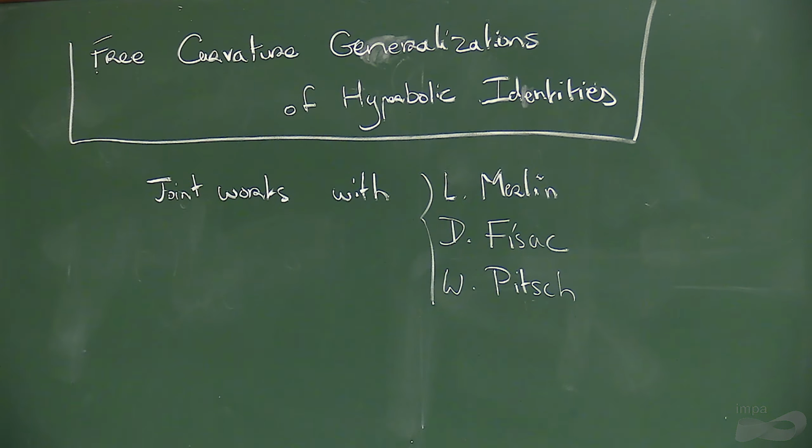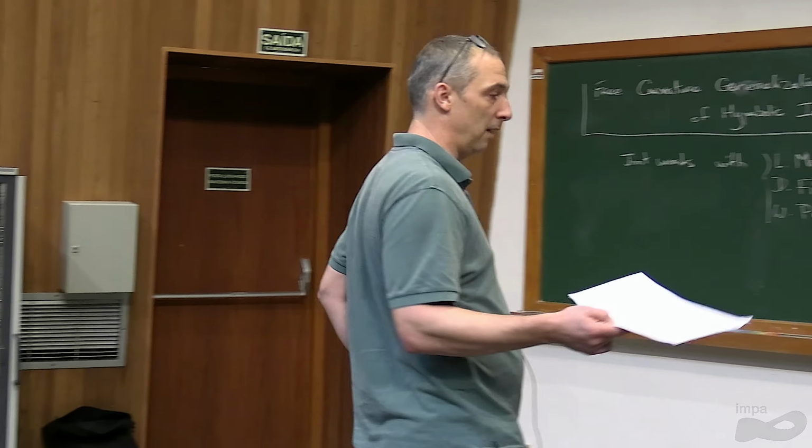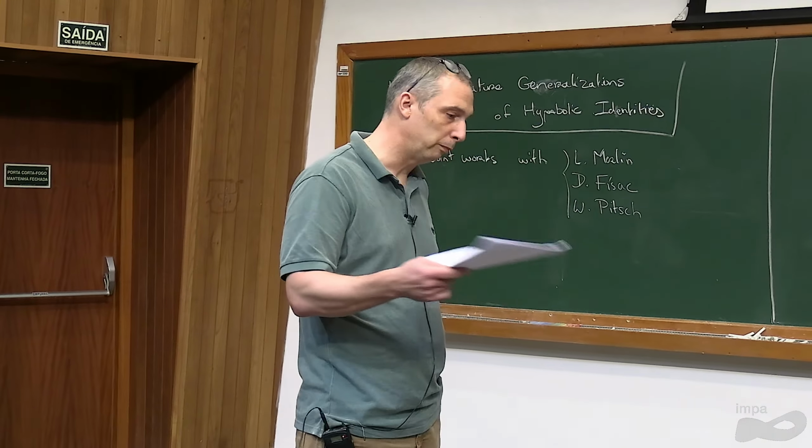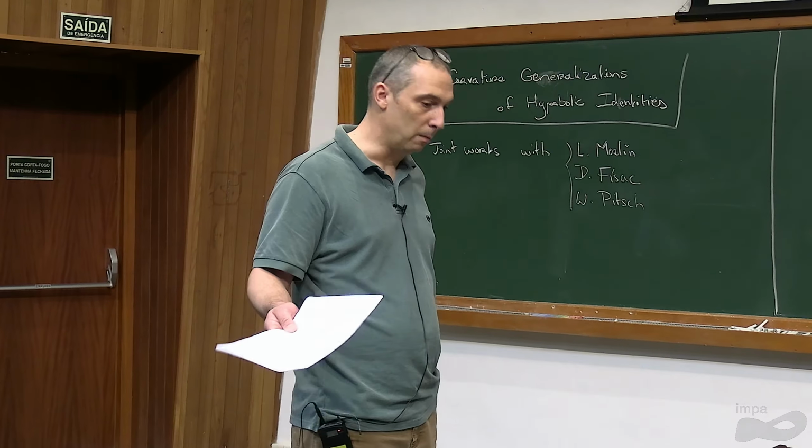I will talk about the following question: how to generalize hyperbolic identities, and by identities I mean equalities or inequalities, to the free curvature setting. That is, hyperbolic identities are equalities or inequalities which are valid for any hyperbolic metric on some topological manifold.